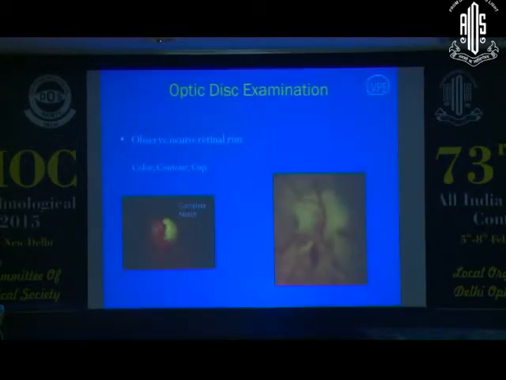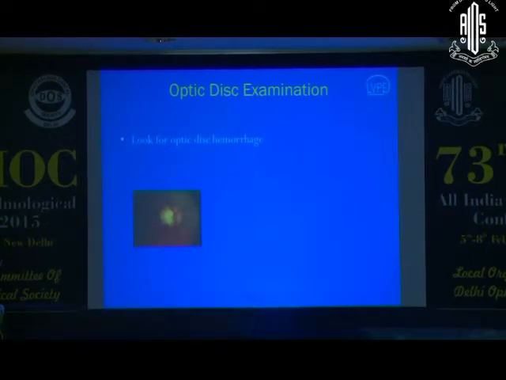The next part is to look at the neuroretinal rim. The neuroretinal rim doesn't mean only a notch like this, it can also mean a pallor of the neuroretinal rim. So we basically look at the contour of the rim, that is mainly for glaucoma, but for non-glaucomatous causes, the color of the rim is more important. The next part is to look at the surface of the disc.